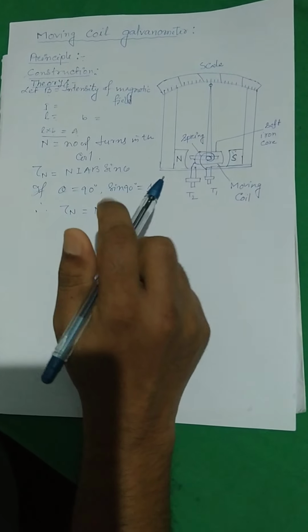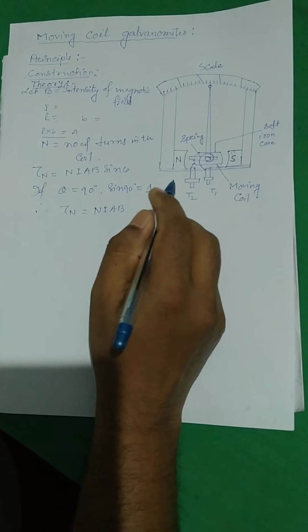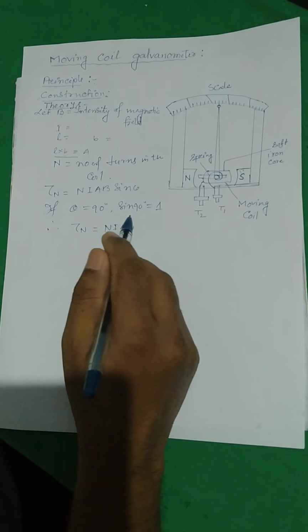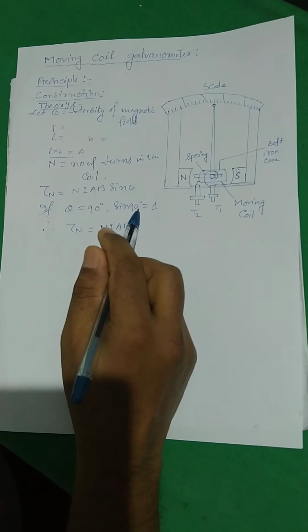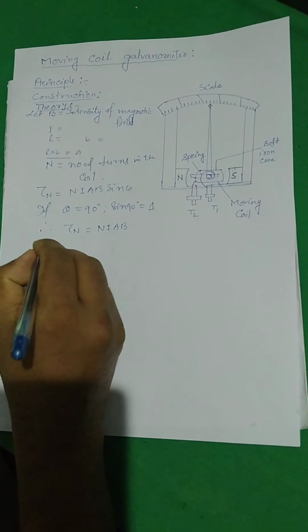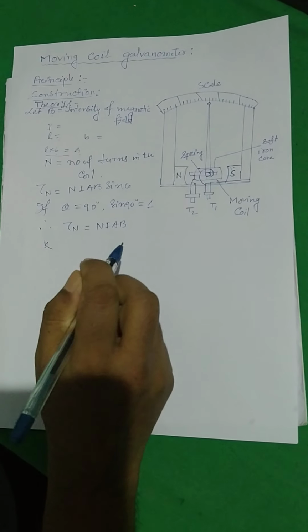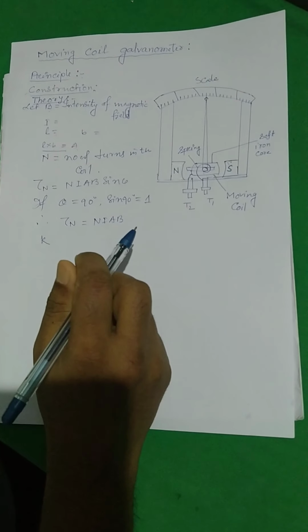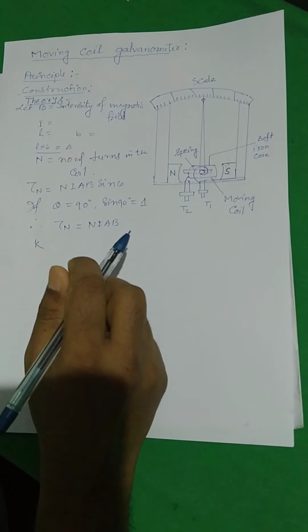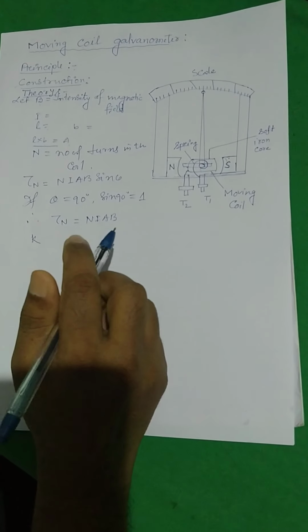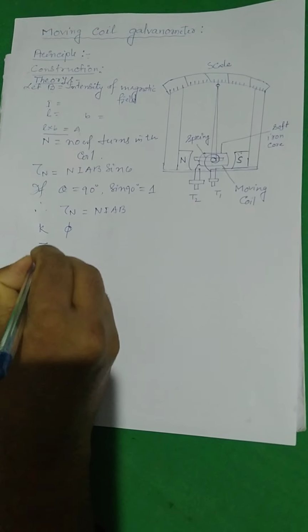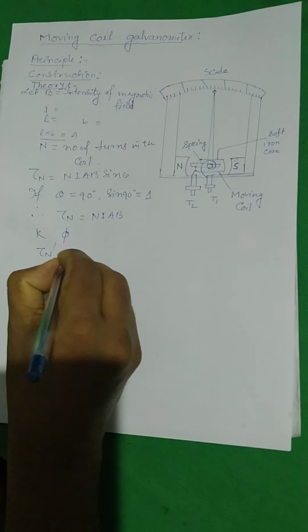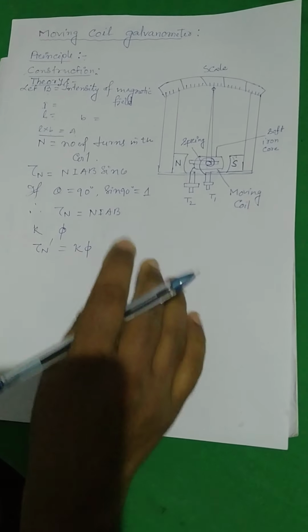As the coil gets deflected, the suspension wire is twisted and a restoring torque is developed in it. If K is the restoring torque per unit twist of the suspension wire, then the restoring torque for the deflection phi is given by K phi.